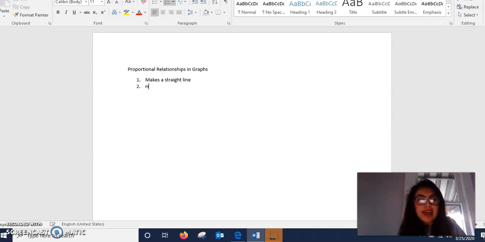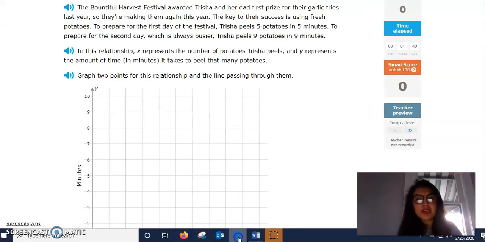The second one has to pass through the origin 0, 0. And lastly, it has a COP, or a constant of proportionality. So we're going to keep those key points in mind when going through the skill.